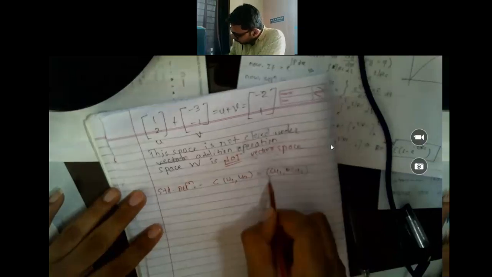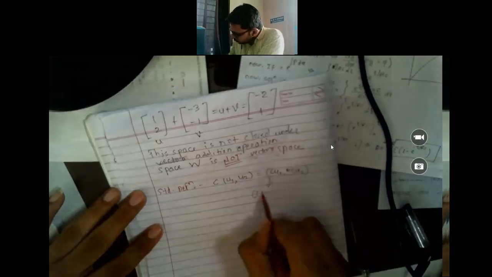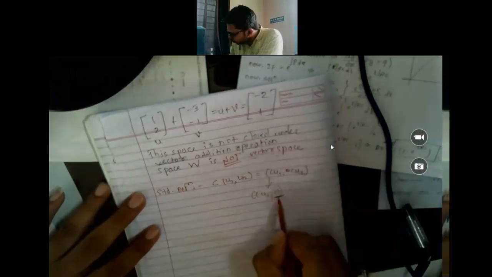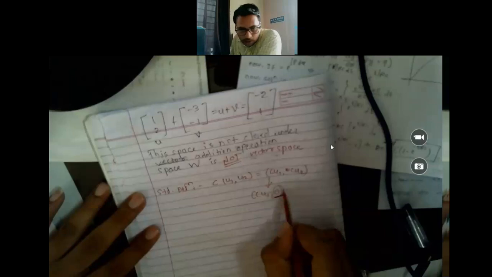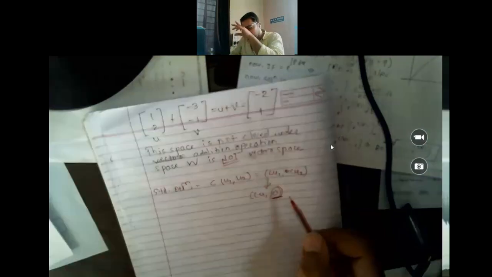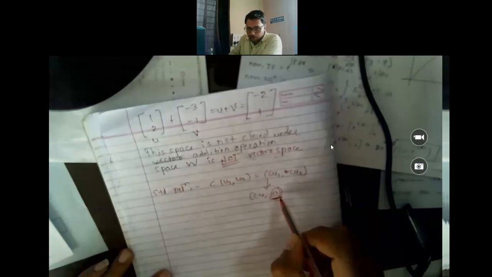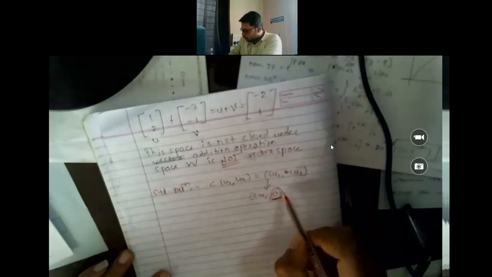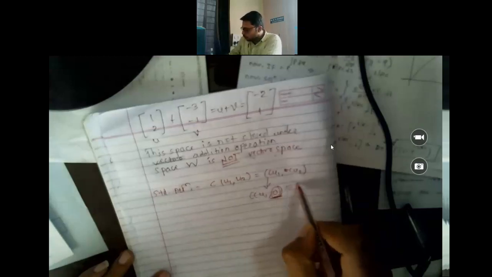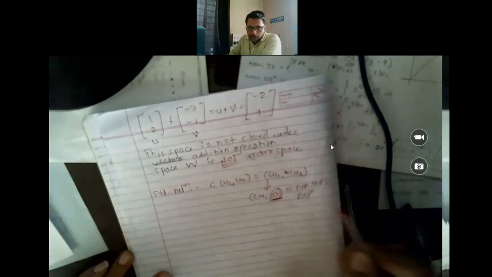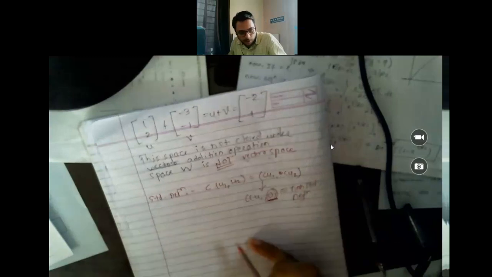But instead of this, what they have given is (cu1, 0). Due to this 0 in the second element, this will be called a non-standard definition. Are you getting this point?